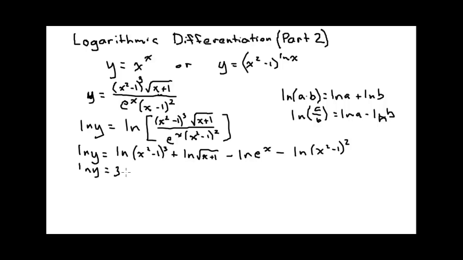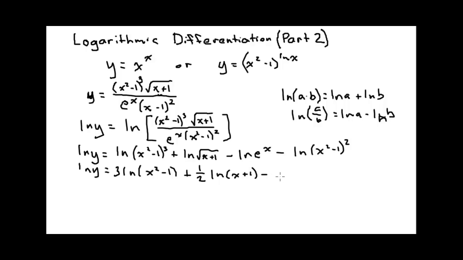Use another ln law. It's the one about exponents. That can come down. So that's going to make that derivative a whole lot easier. Plus square root, so that exponent is half. That derivative's going to be a whole lot easier.